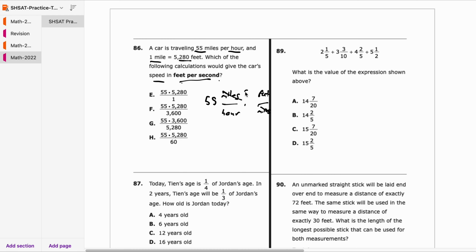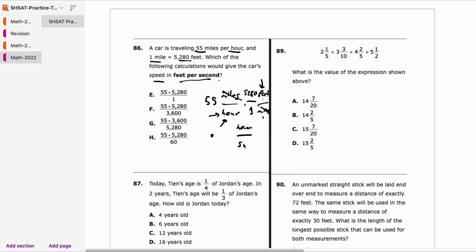So we know that 5,280 feet is equal to 1 mile, right? So we have our feet to mile. And now we have feet per hour, right? Feet per hour. So we want it in feet per second. So we're going to need to multiply by, right? So we have hour in the denominator here, so we need hour in the numerator here.